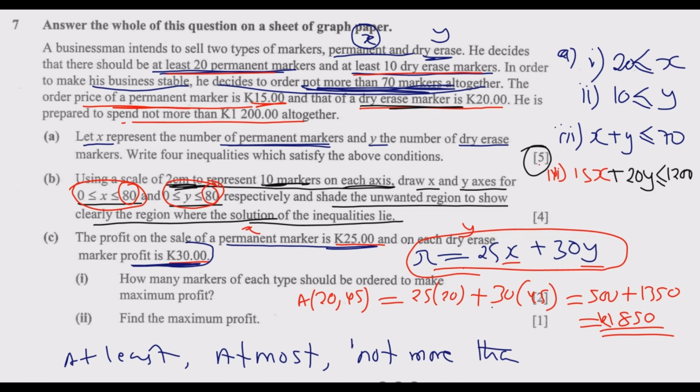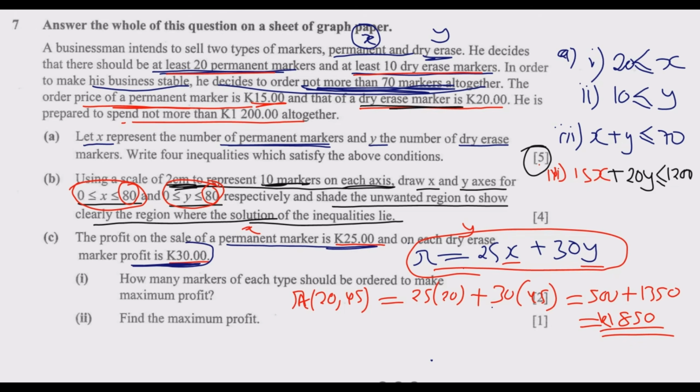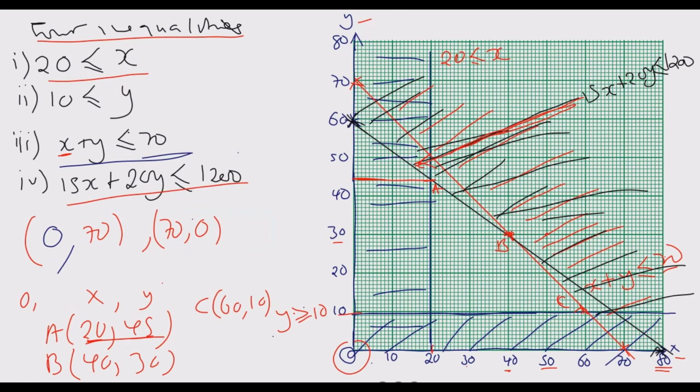That's the first case. Then what if we use point B? Remember, this is the profit at point A. Then we look at the profit at point B. What is point B? If you check here, point B we found to be 40, 30.